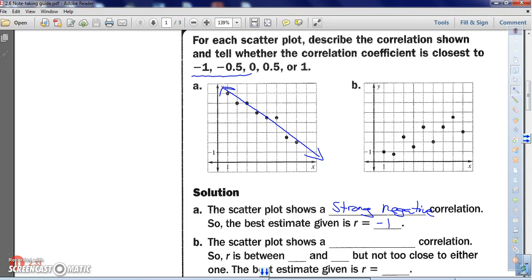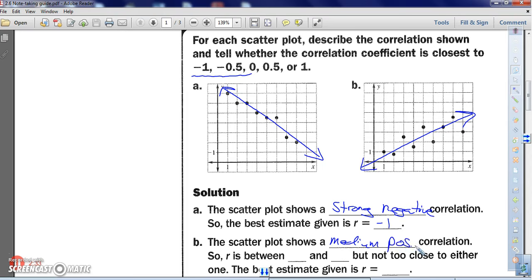When I look at letter B, this time my pattern has an uphill slope to it. Again, it sort of resembles a line with an uphill slope, but those points are not quite as close to the line as they were in letter A. So I would say that this shows a medium positive correlation.